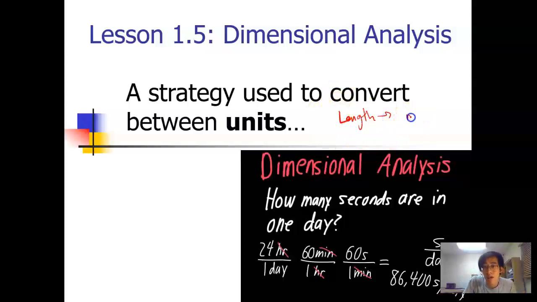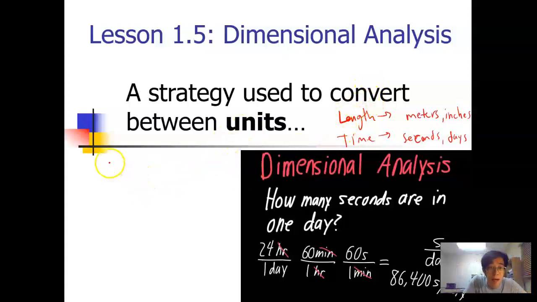Length is measured by meters, or in America, we call it inches. Or if you have something like time, you can measure something in seconds or in days. So, dimensional analysis helps chunk between different units to measure the same quantity.